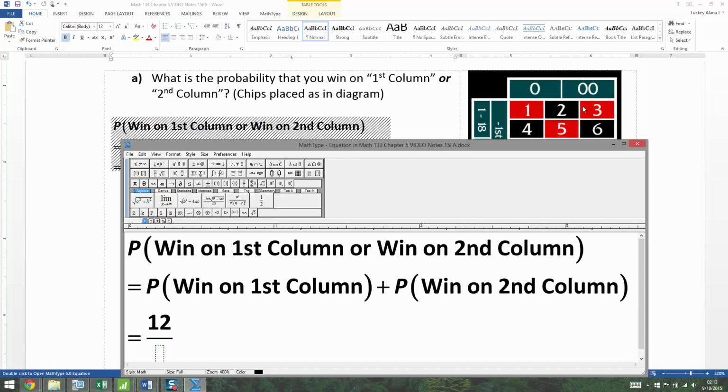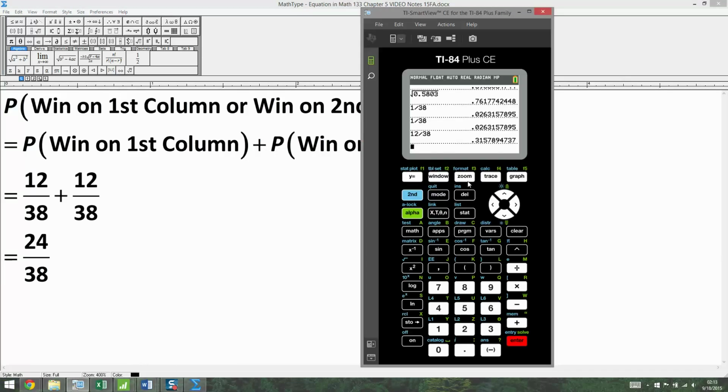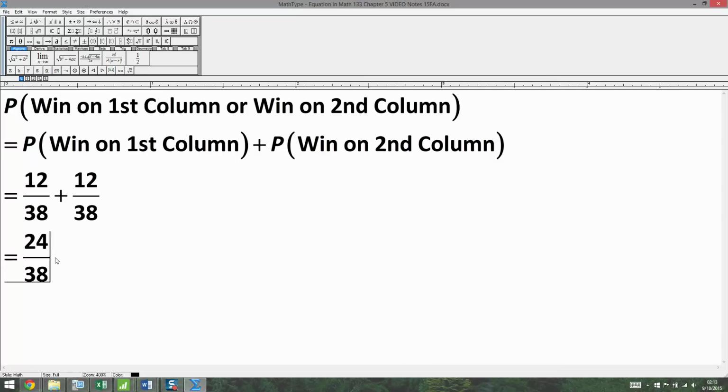So it's 12 out of 38 plus 12 out of 38. That gets us a grand total of 24 out of 38, which is, let's see, I was grabbing my calculator on my desk again, but let me do it for you guys. So 0.6316 or so.